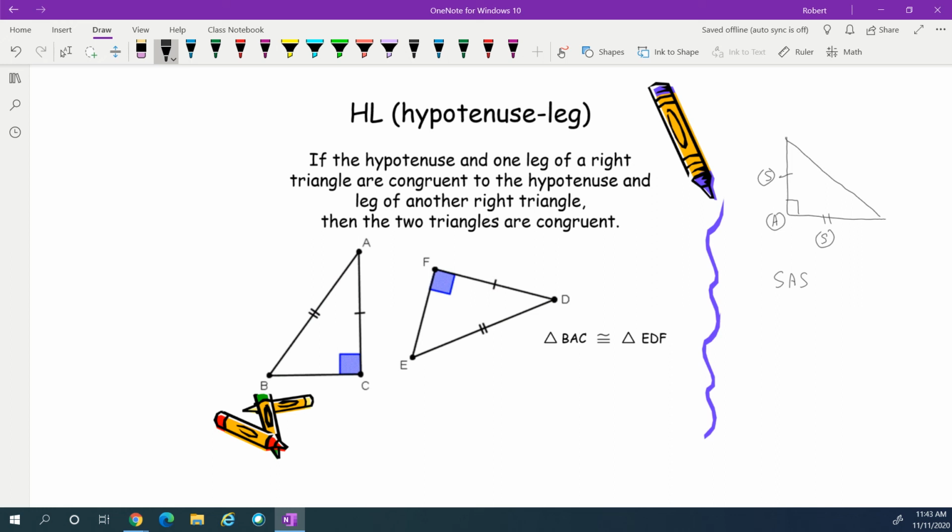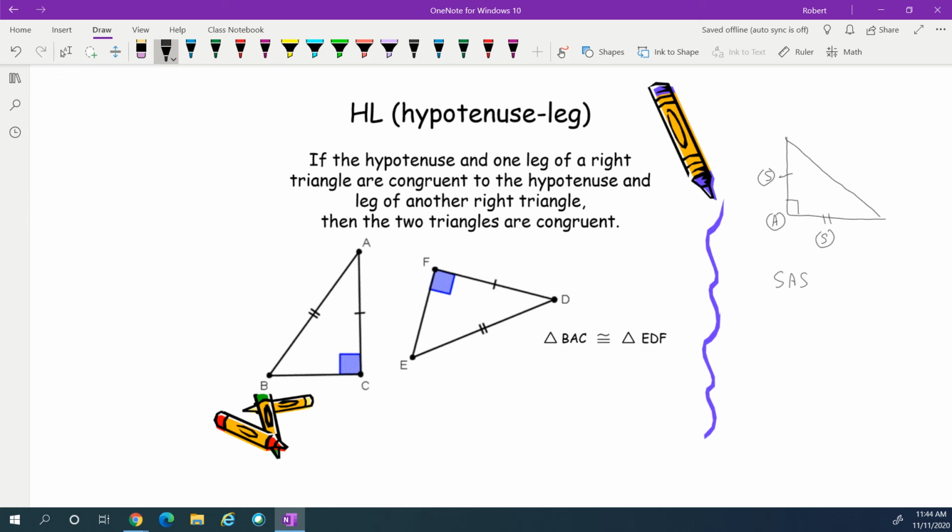HL means that we have a right triangle and the hypotenuse and leg are congruent to the hypotenuse and leg of a second right triangle. And you can see that in the slide. If the hypotenuse and leg of one right triangle are congruent to the hypotenuse and leg of another right triangle, then those two right triangles are congruent.